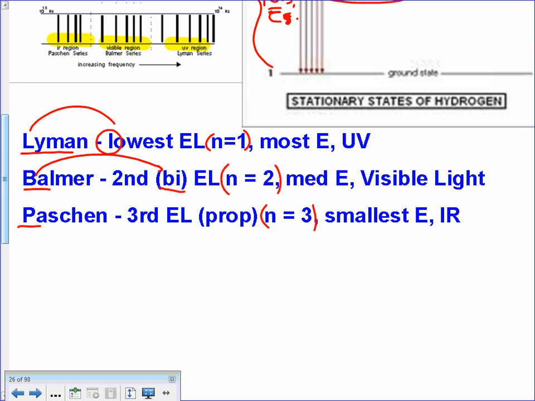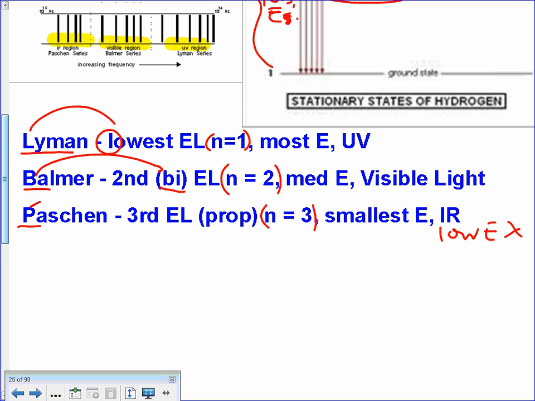If you're starting at a high energy level like 4, 5, 6, 7, and you drop to 3, there's not a lot of energy there. So not a lot of energy means IR, which is a low energy wavelength. I remember, in organic, we have propylene, propanol, propane. Prop means 3 carbons. Do you remember this?